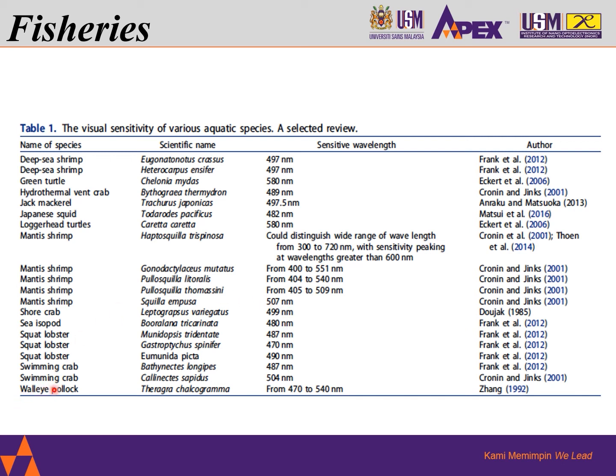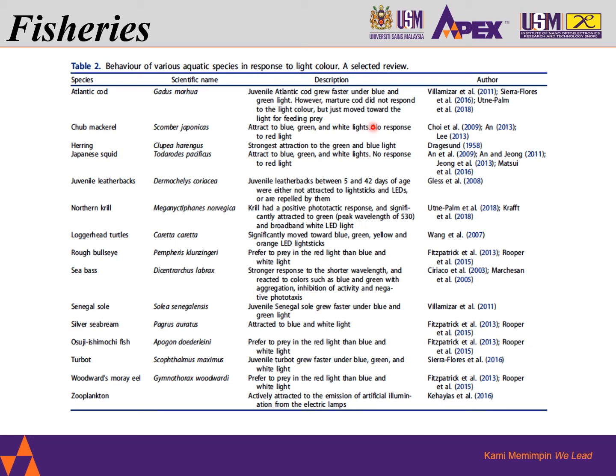And walleye pollock is from 470 to 550 nanometer, which is very interesting that they have this data compiled, right? So we can see, in response to the sensitivity of the animals and fishes, which wavelengths they can react to. And moving on to other species, including the chub mackerel, attracted to blue, green, and white light, no response to the red light.